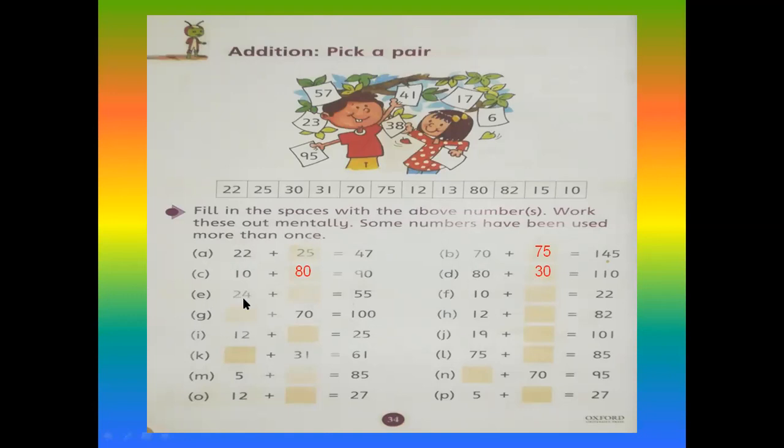E, 24 plus dash is equal to 55. So focus on the answer. The answer's first digit is 5, but in the first number the first digit is 4. So it means the second number's first digit should be 1. So where is the 1?